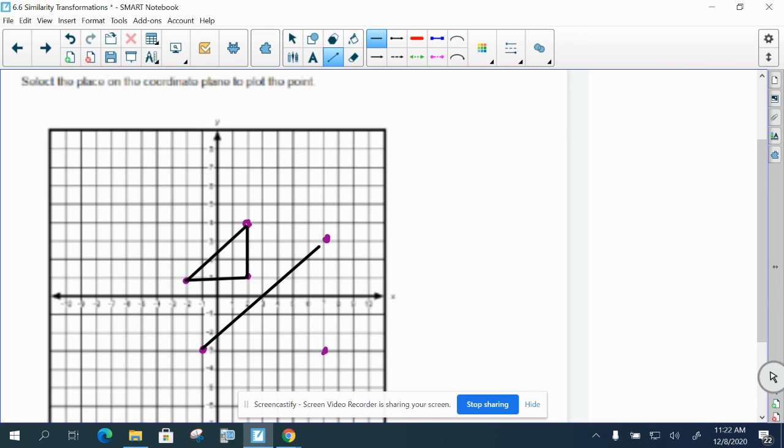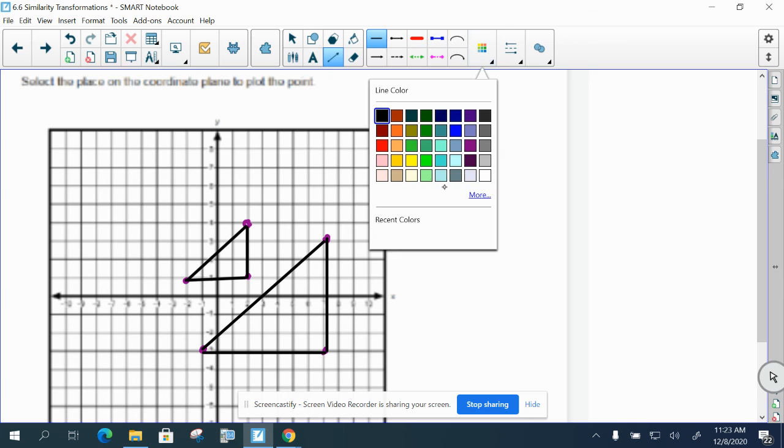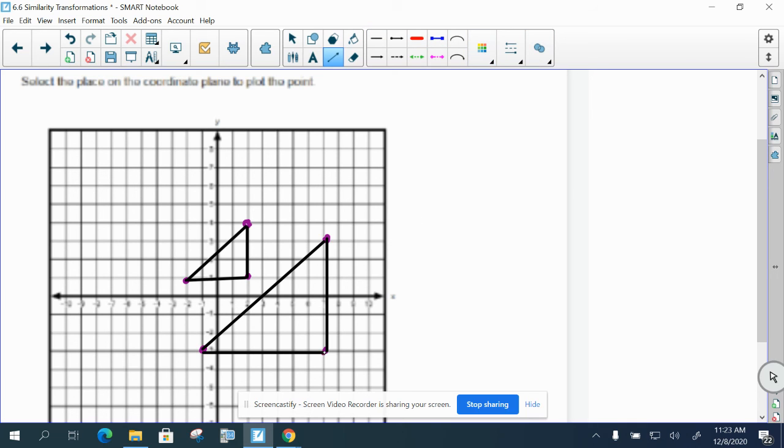All right, and remember, the way to figure out what the center of dilation is, if they didn't give it to you, is to just draw lines going through each point. So use a different color. So I'm going to draw a line going through this point and that point, through this point and that point, through this point and that point.